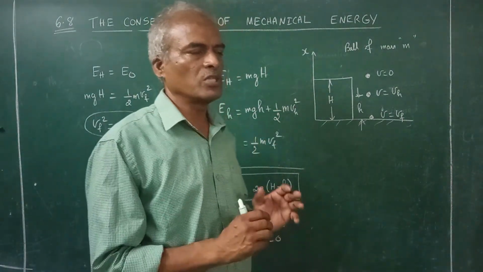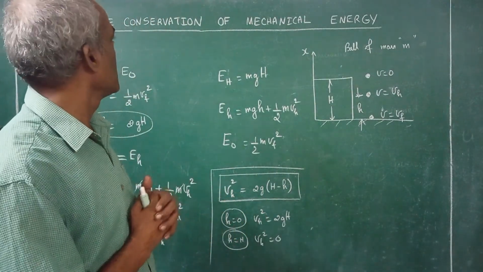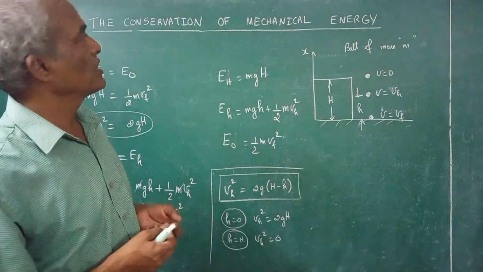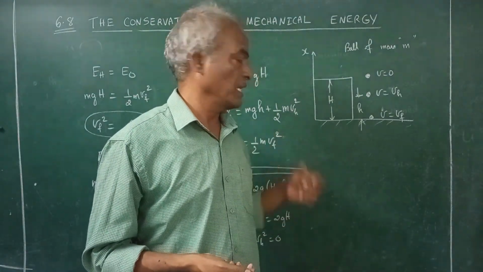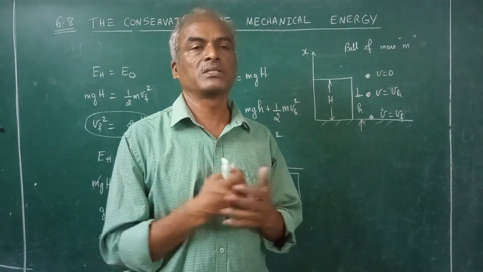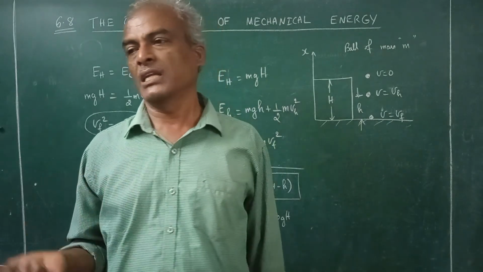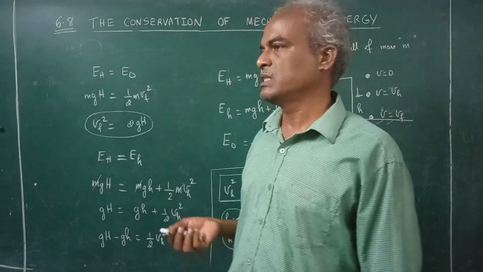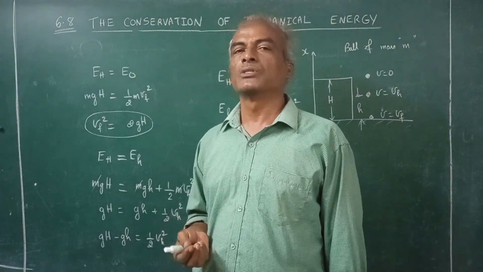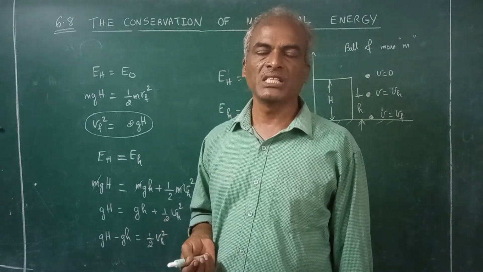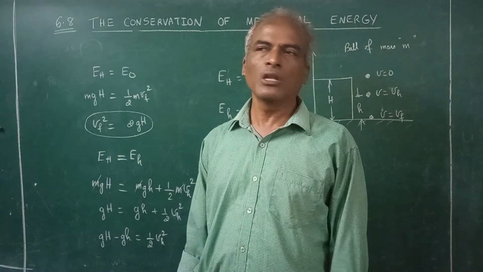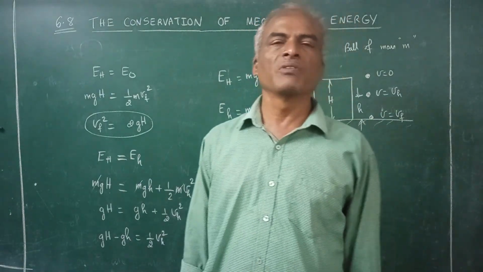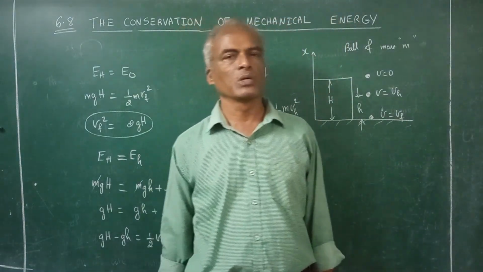So that's all about the total mechanical energy of the system. The conservation of mechanical energy, we have proved with 3 different cases, and we have established the fact that the total mechanical energy of a conservative system is equal to the sum of both potential energy and kinetic energy, which is going to be a constant. So that's all about this topic. Hope you have understood this topic. Thanks for watching. Nandri.